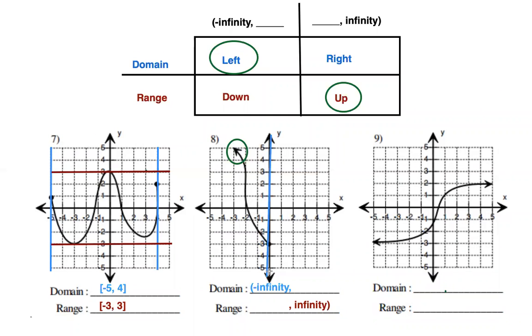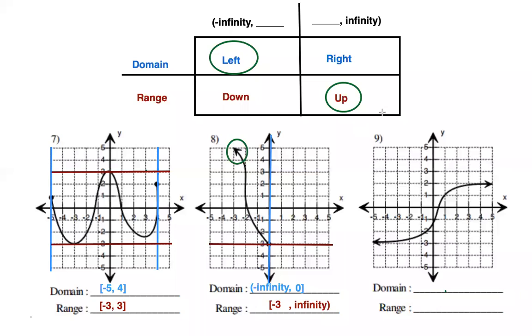The graph stops right here on the axes, so that's a 0 with the bracket. The range, the bottom of the graph, is down here at -3. Neither of these lines pass through open circles, so they are both brackets.